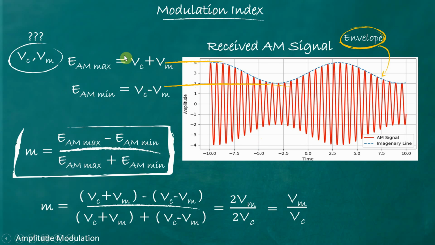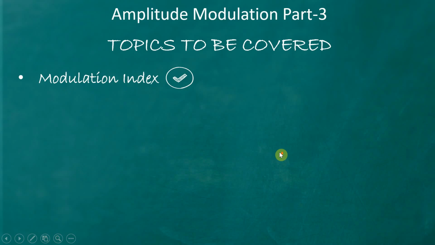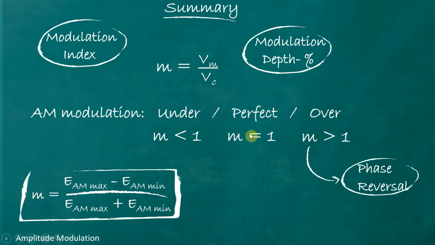You can see here the received AM signal for the m less than 1 case. We have already discussed this earlier. So, summary: m is equal to Vm by Vc, the modulation index. It is also known as modulation depth.